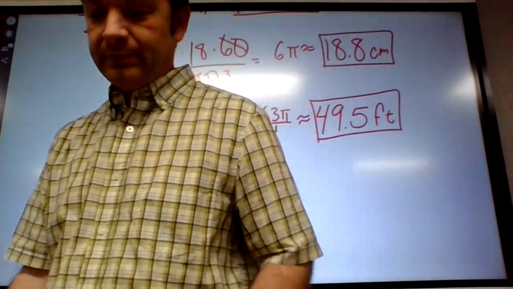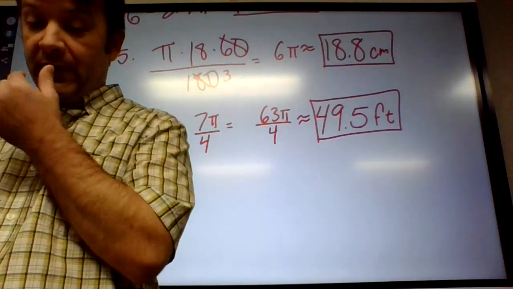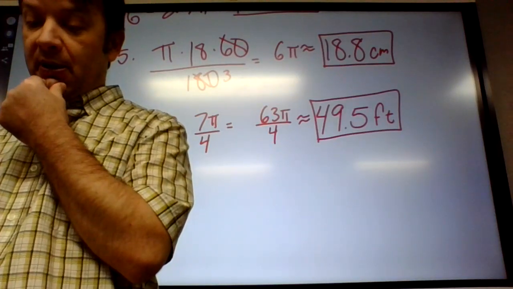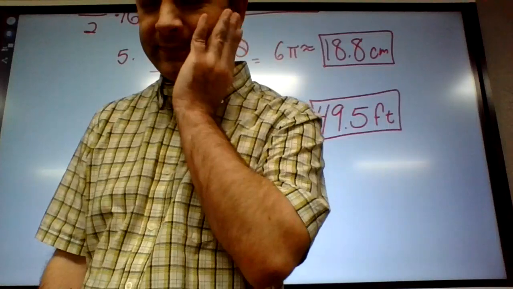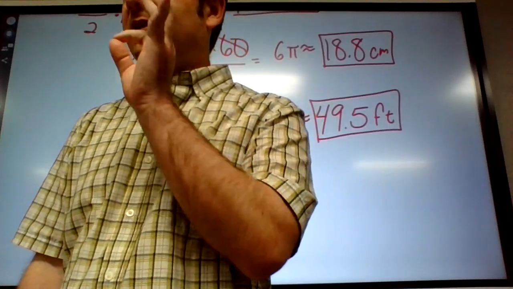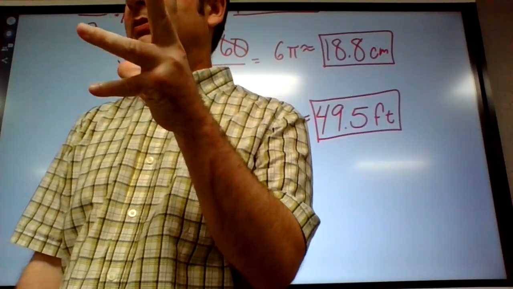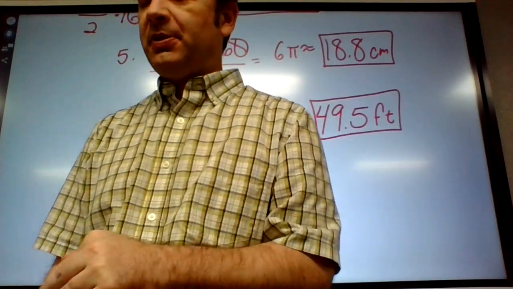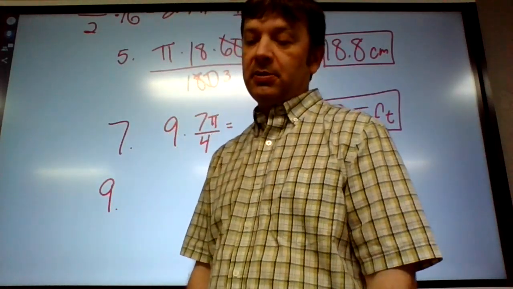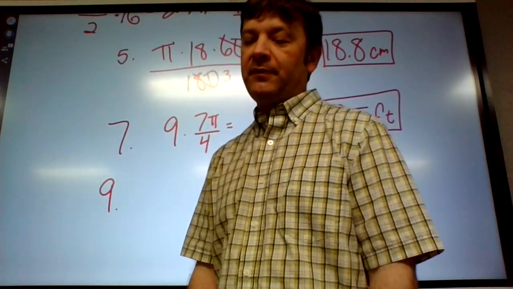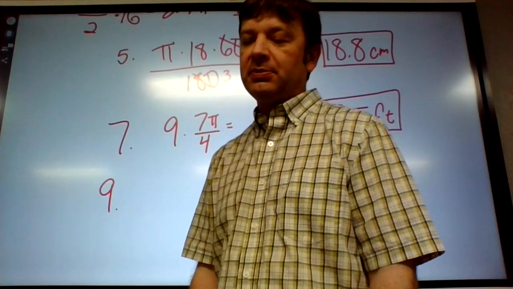Number 9. Find the length of each arc. Okay, this one says do not round. So what do you think that means? It means leave pi in your answer. Don't change it to a decimal. Oh, but they did put 315 degrees on this one.